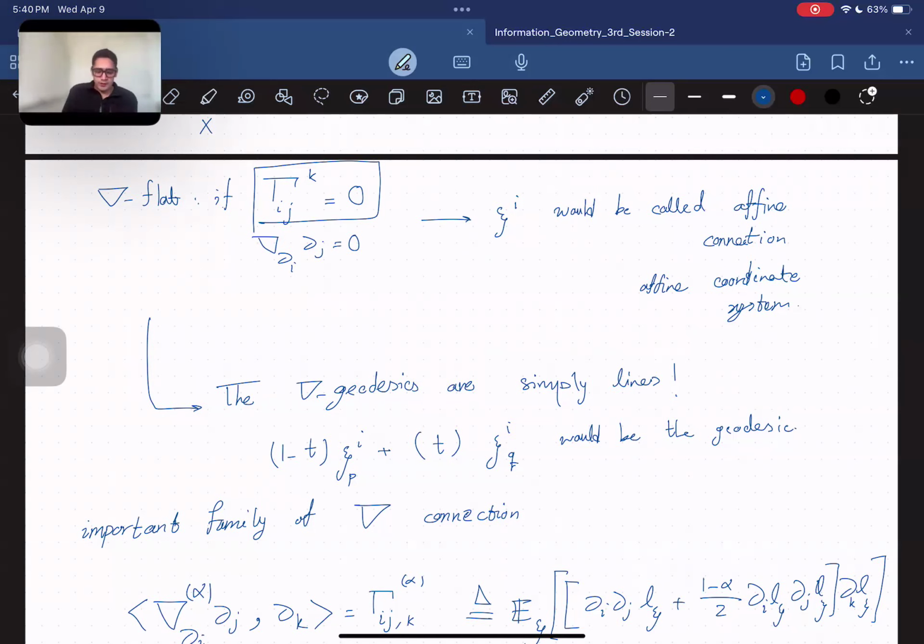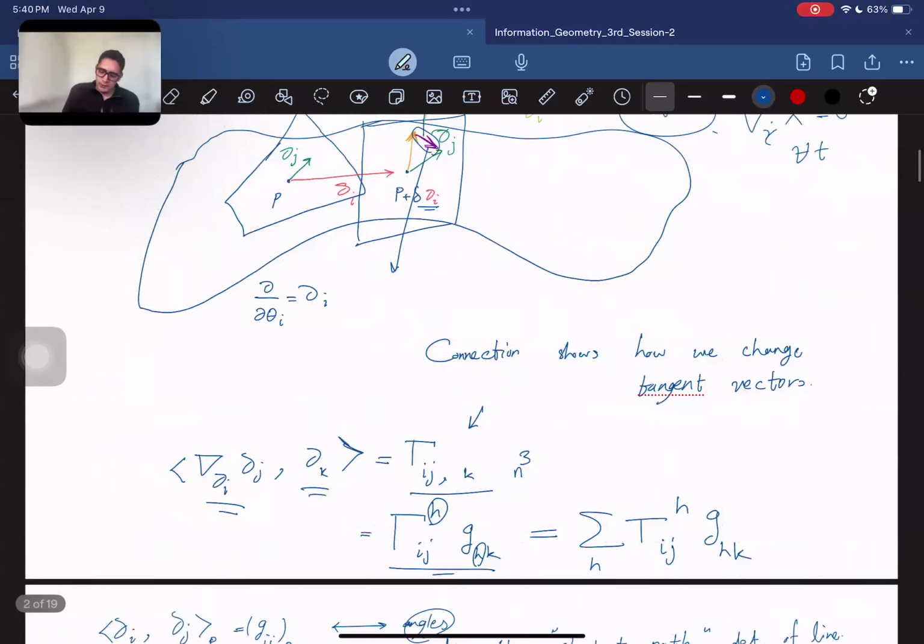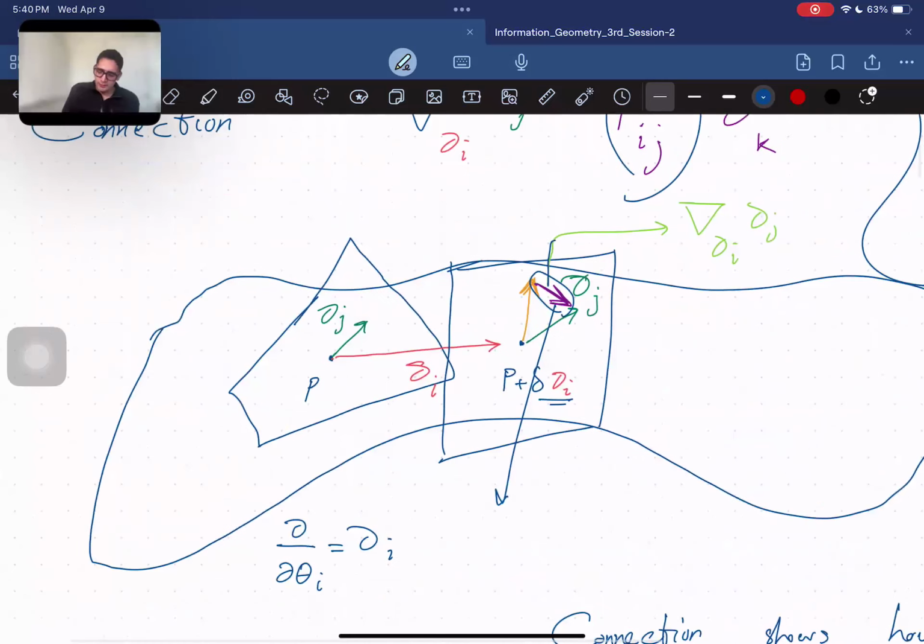So what does it mean if we take a look at the definition? It means if we move from P to any other point Q with the direction of partial I, then the vector partial J would make no difference, because these Gamma I J K are all zero.